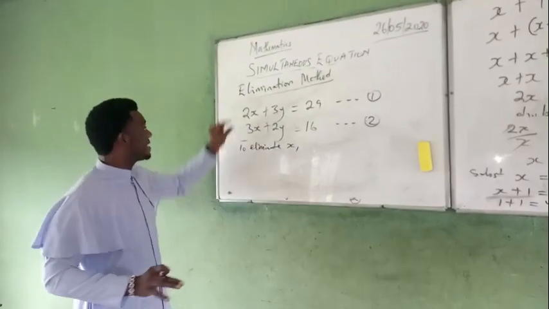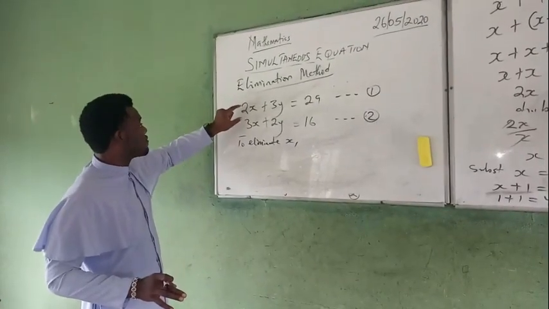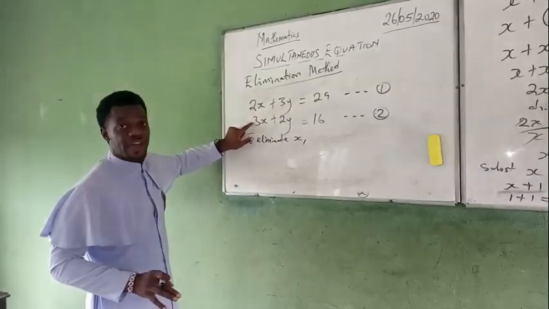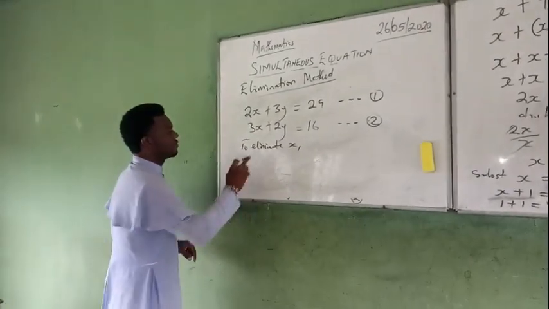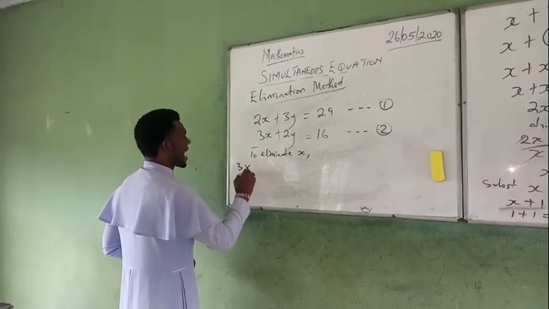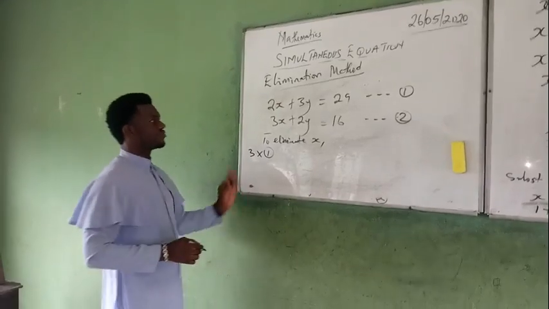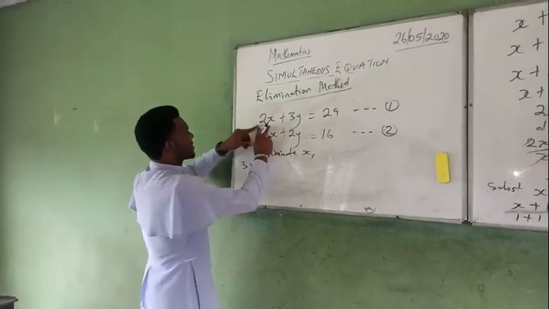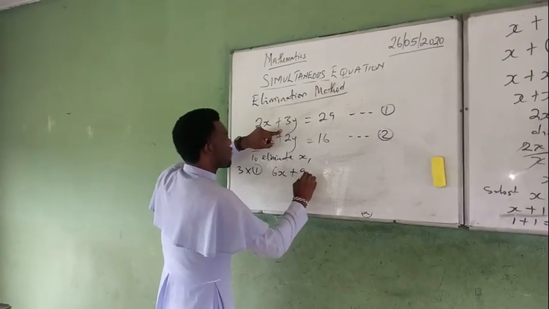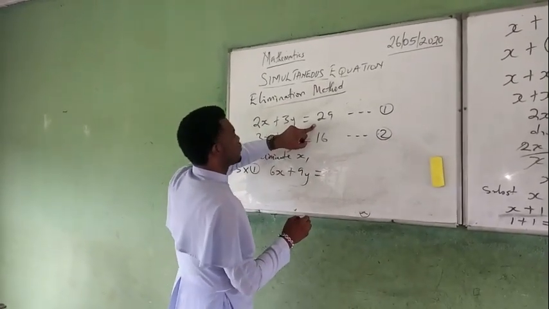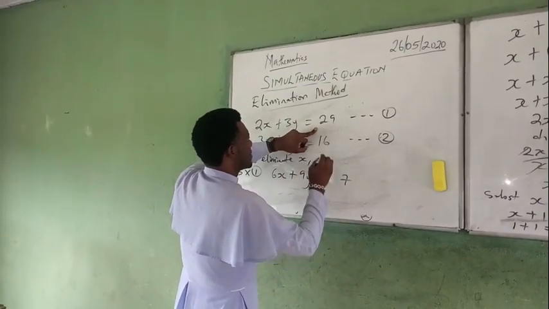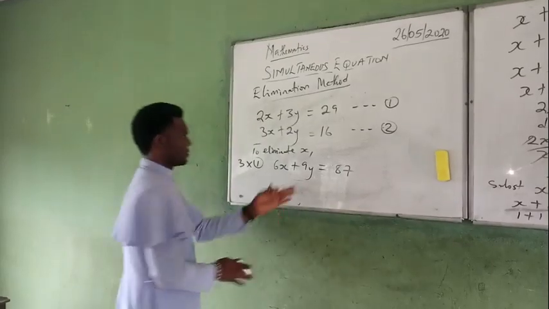But our target is, at the end of the day, to make the coefficient of x in this equation and the coefficient of x here the same. Now to eliminate x, you say 3 times equation 1. 3 times the whole of equation 1. So we begin, 3 times 2x, we have 6x, plus 3 times 3y, 9y, is equal to 3 times 29, we have 87.